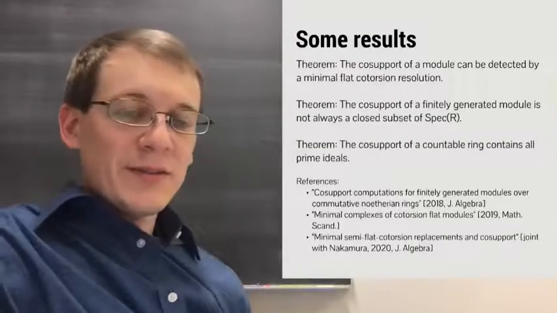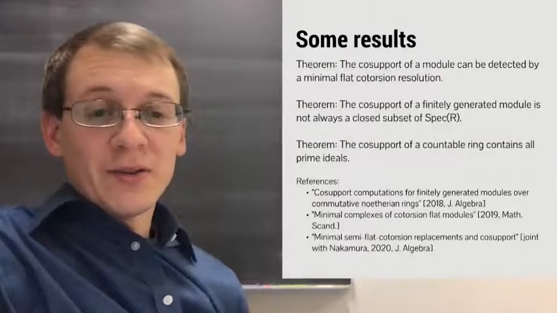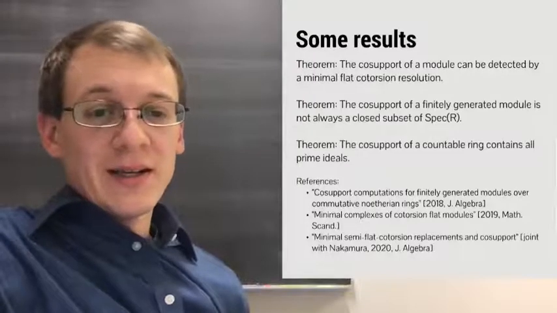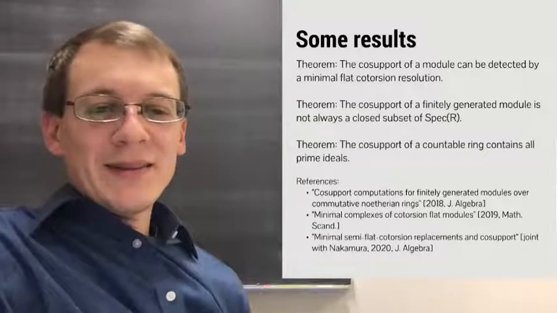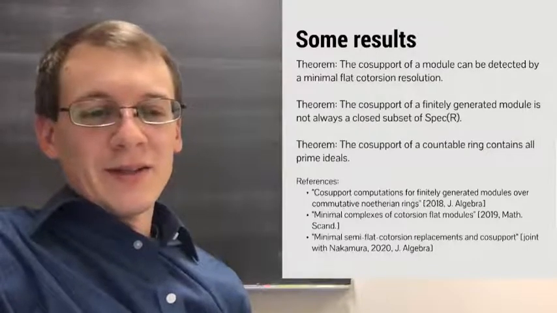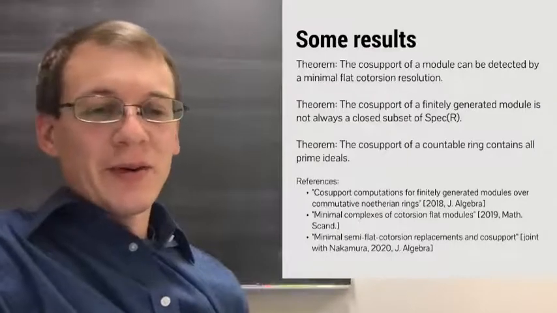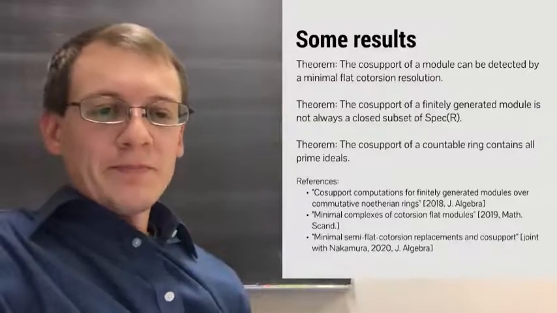And of course, you have to first answer the questions about what a flat cotorsion resolution is, and whether such a thing exists, and whether you can find a minimal flat cotorsion resolution. And these are kind of the central part of my work on this topic, both on my own and with my collaborator Nakamura as well.